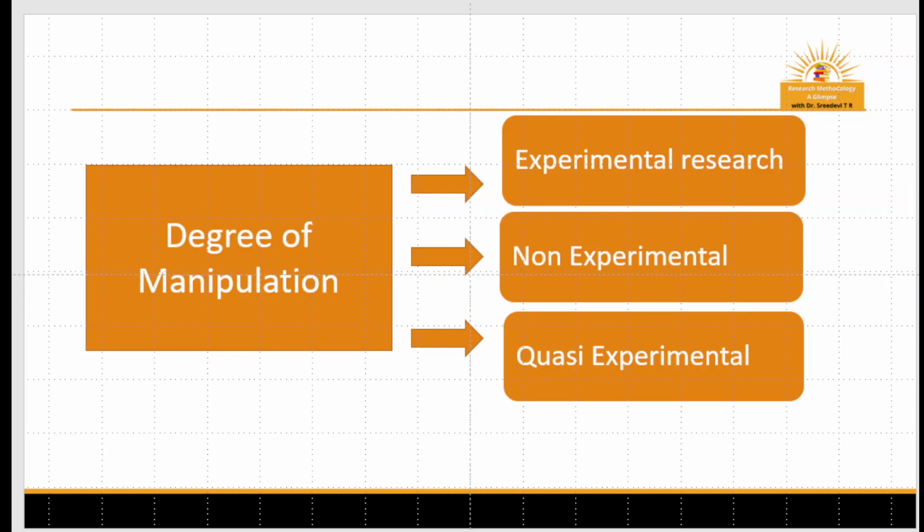The experimental method involves manipulation of variables to establish cause and effect relationships. These key features of the experimental method, control and randomization, will be discussed in subsequent videos. Depending on the degree of manipulation, it can be quasi-experimental, and there is no manipulation, no control and randomization in non-experimental designs.